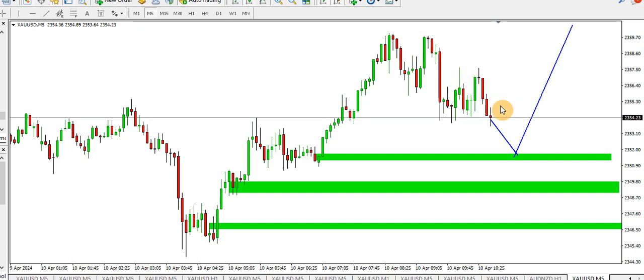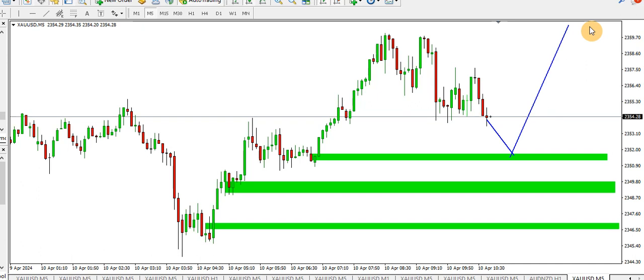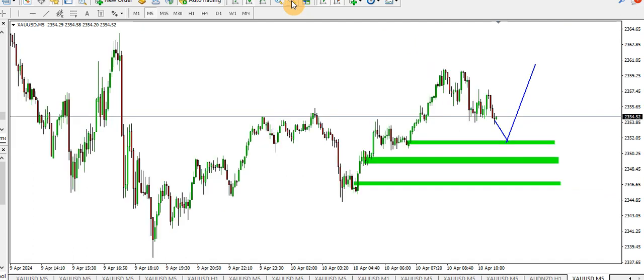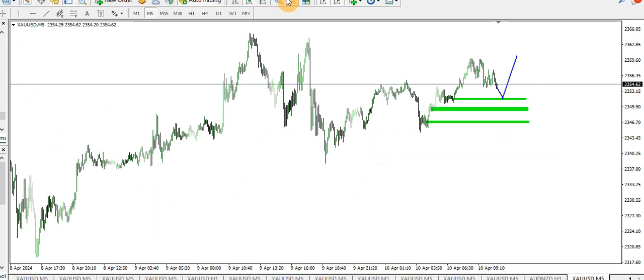But this, I bet, will be short-lived, and buyers will likely step in. So the best advice is to look at buying opportunities for gold for now, as the strongly bullish setup is still intact, and the price of gold is likely to continue upwards.